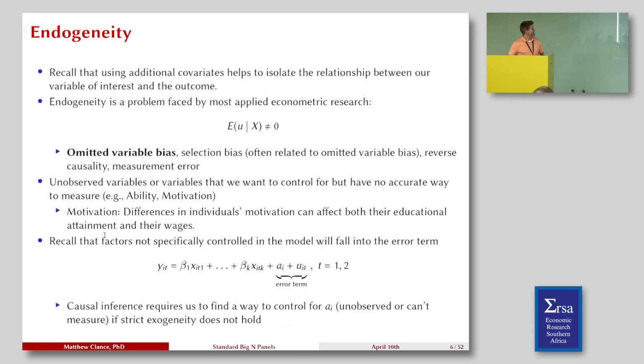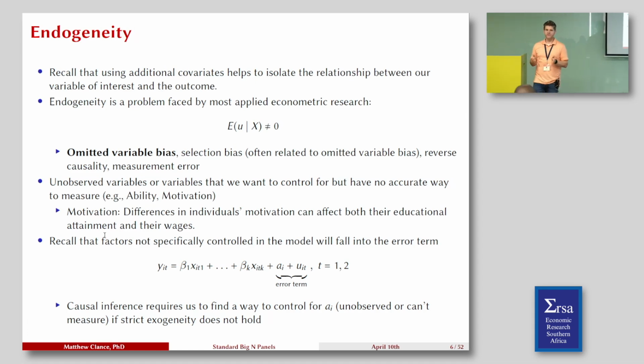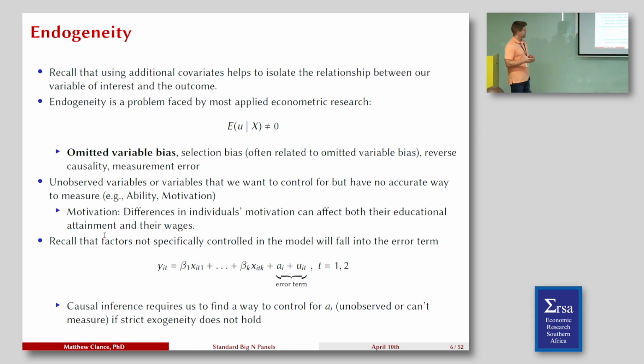So, okay, in terms of endogeneity, just recall that using additional covariates helps to isolate the relationship between the variable of interest and our outcome. That's why we have these controls. And by doing this, if we can isolate it, then good for us under perfect conditions. But a usual problem that we have here is unobserved variables.